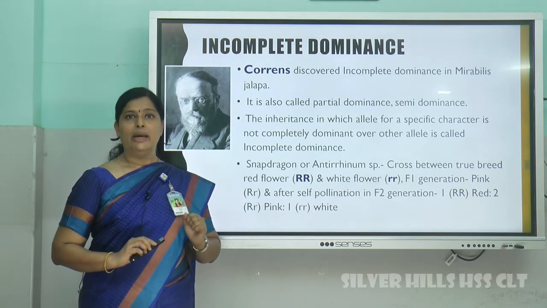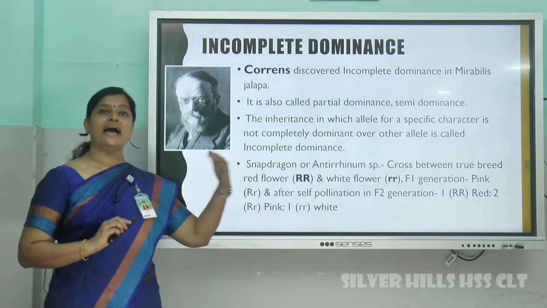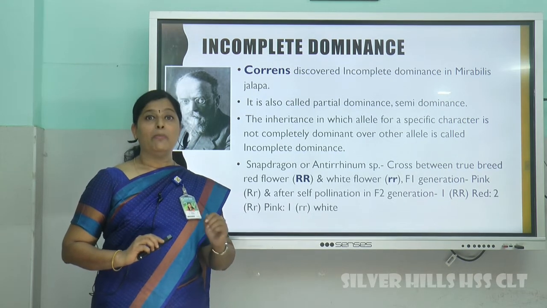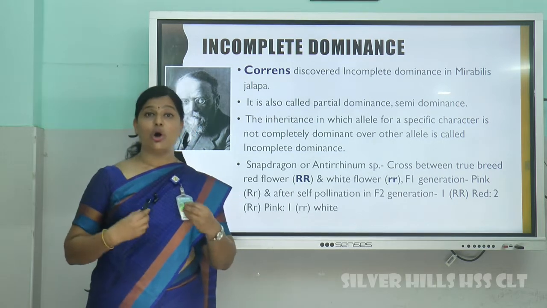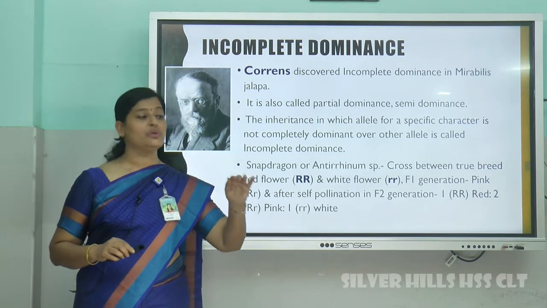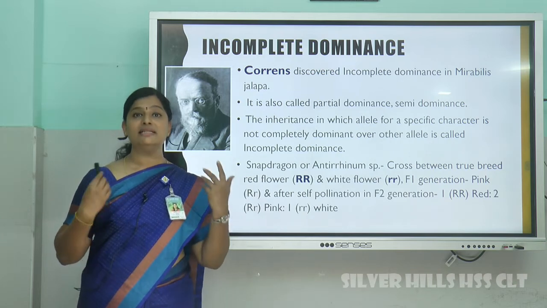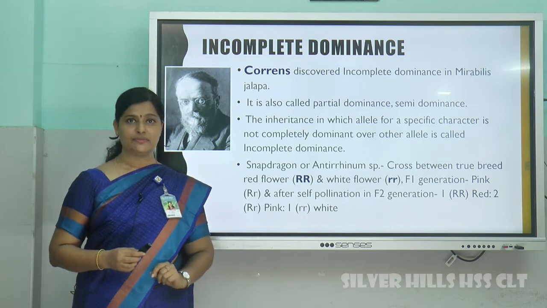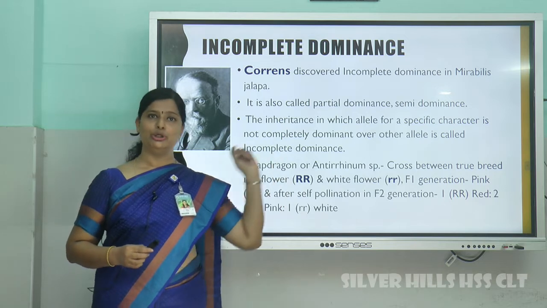Here the dominant factor suppresses the expression of the recessive factor, right? But in incomplete dominance, the dominant factor is not able to completely suppress the recessive factor. As a result, an intermediary character develops, right? So this is called incomplete dominance.